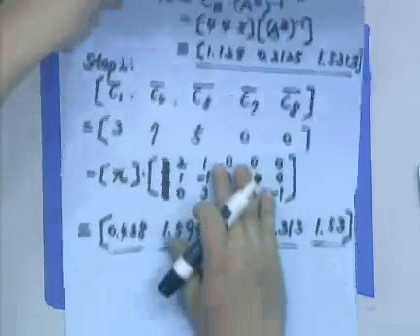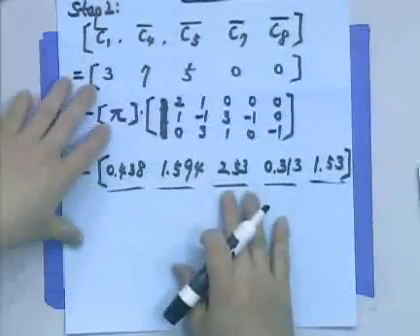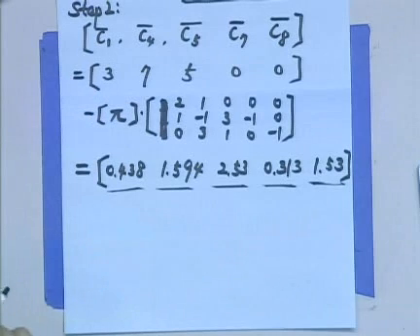Then how do you get the objective function value?